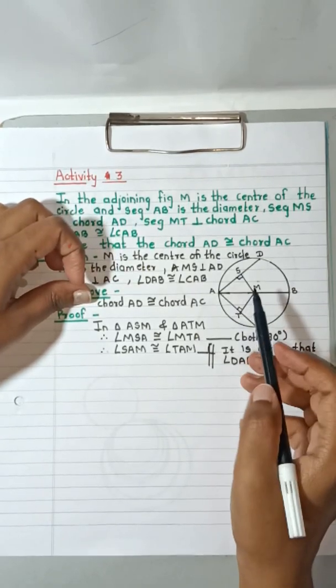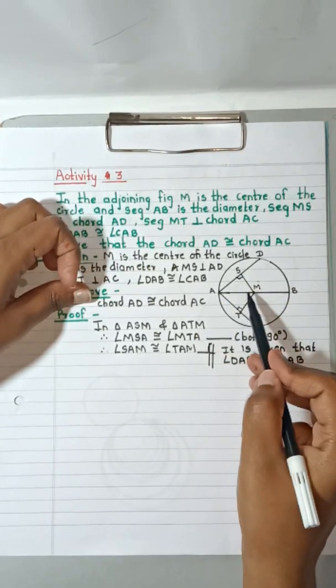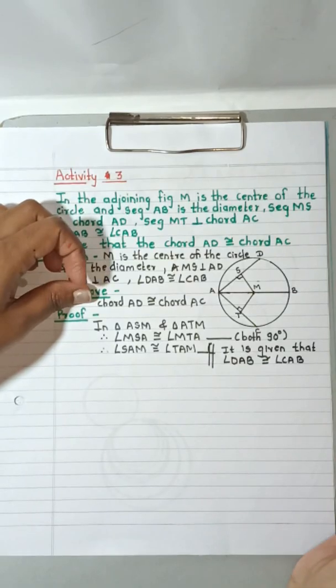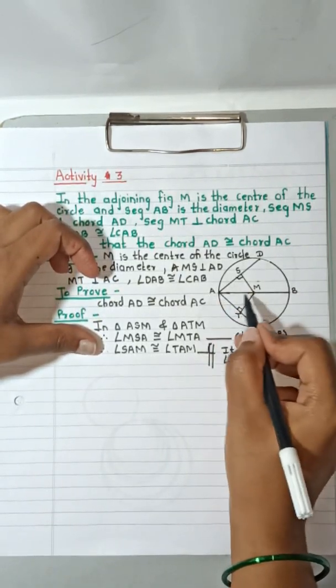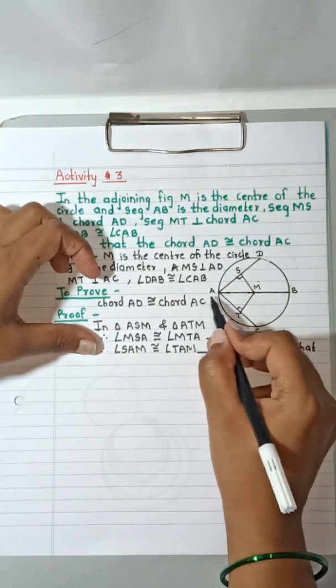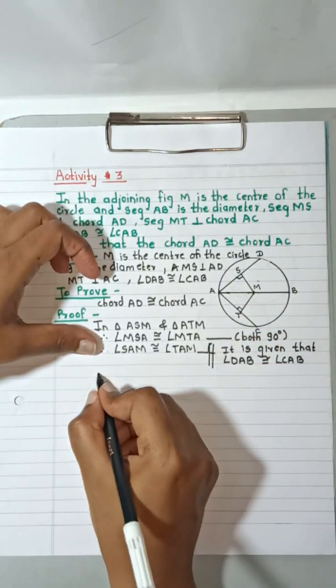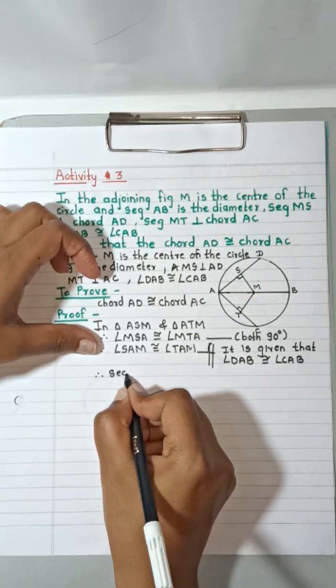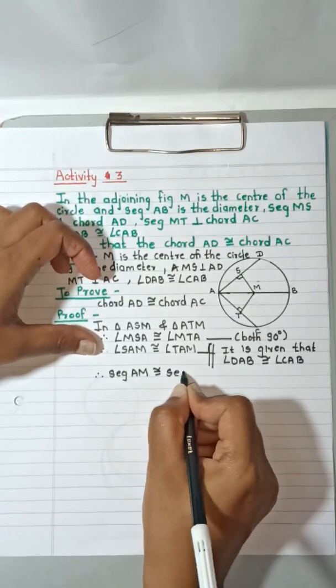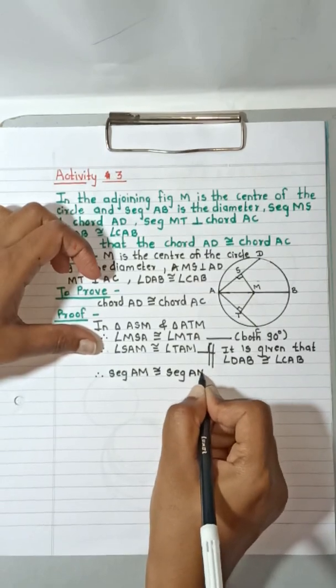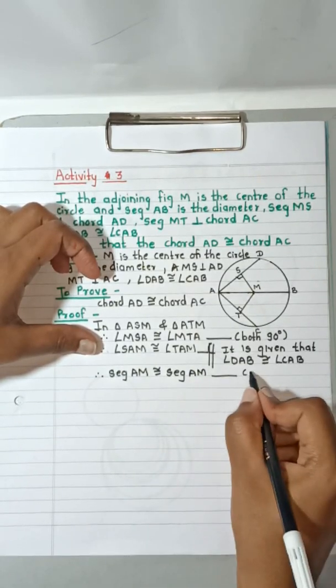Therefore SAM is congruent to TAM. Now you can see here AM is common in them. Seg AM is congruent to seg AM. It is a common side.